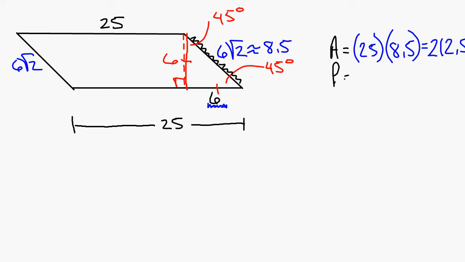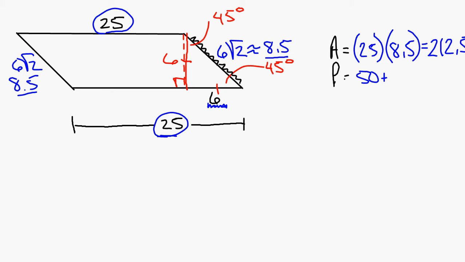And your perimeter would be the 25 and the 25, which is 50, plus 8.5 and 8.5. Your left and your right side are both 8.5. So 8.5 times 2 is 17.